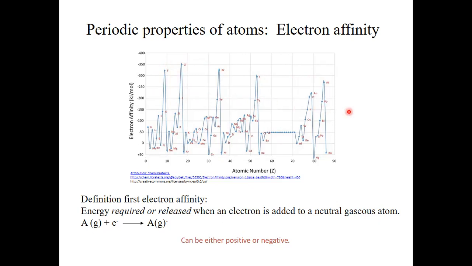So for the S block, we actually see that as we go from the lithium to the sodium, we see a decline. As we go from the sodium to the potassium, we see another little bit of decline. So for these, the electron affinity decreases or becomes somewhat less exothermic.